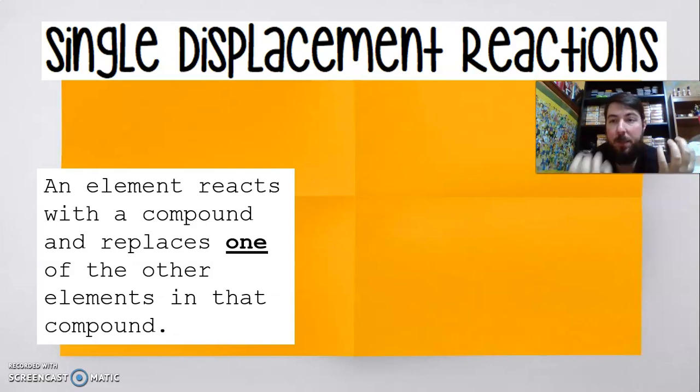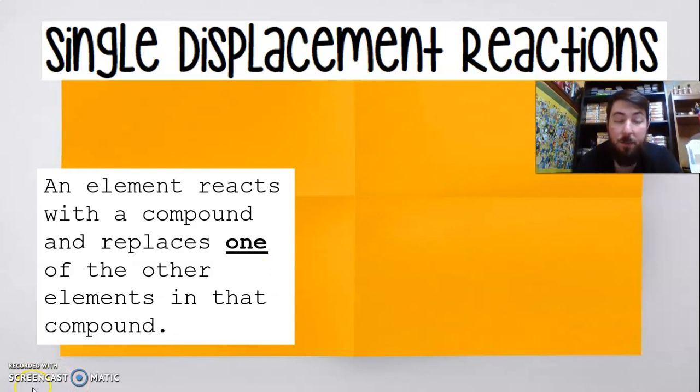So we have an element and a compound, and they are going to react to form an element and a compound with just some of their parts switched around. So again, we're going to take a look at the forms and what they look like in another video.